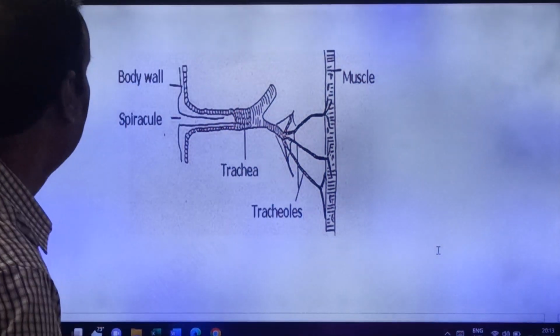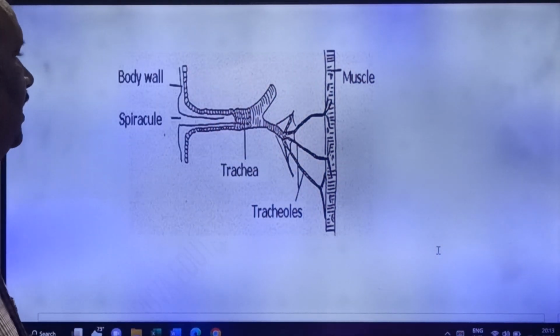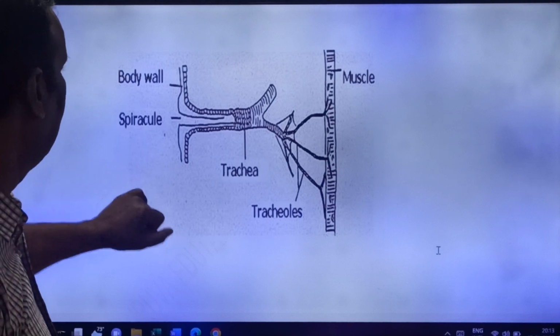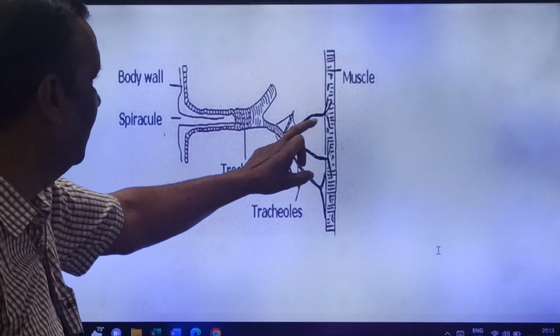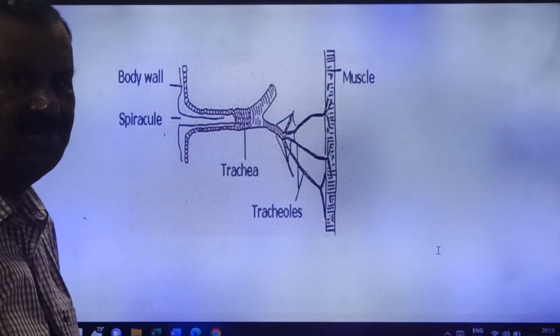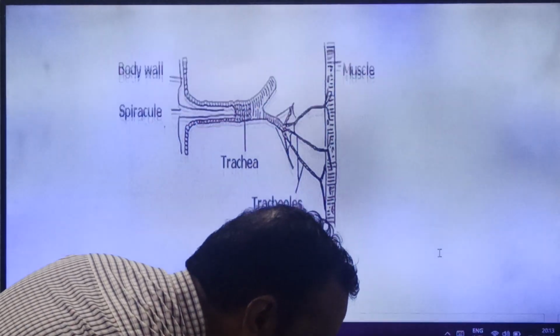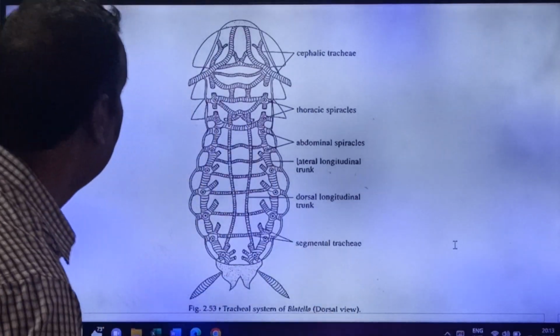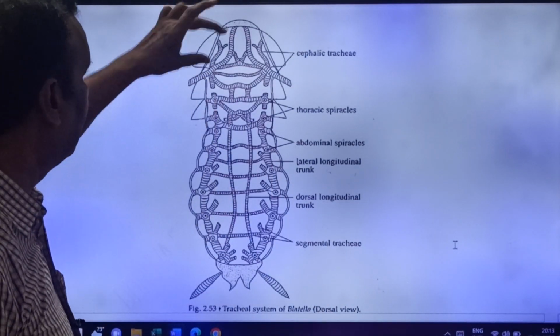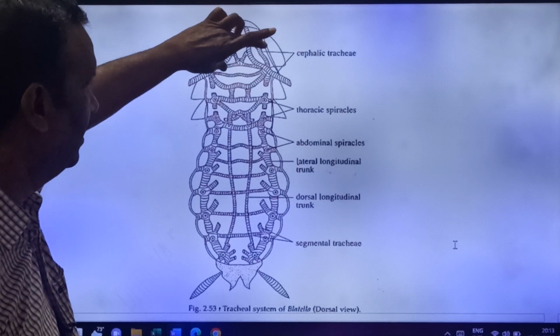See friends, this is about our trachea. Body wall, spiracle or stigmata, trachea, tracheoles, and this is a cell or muscle cell or whatever it may be, friends. See friends, these are the cephalic tracheae.